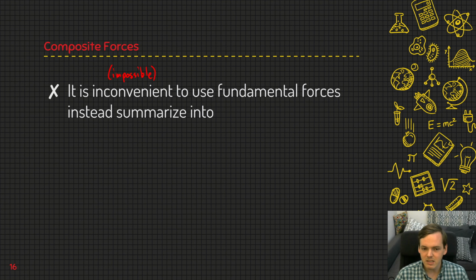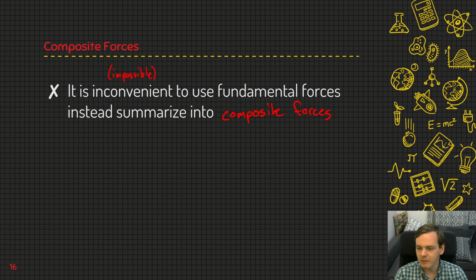So we instead summarize them into composite forces. In other words, instead of saying there's an electromagnetic force between my hand and the wall, I simplify it to just there's a push force between my hand and the wall, and I can measure how strong that is.